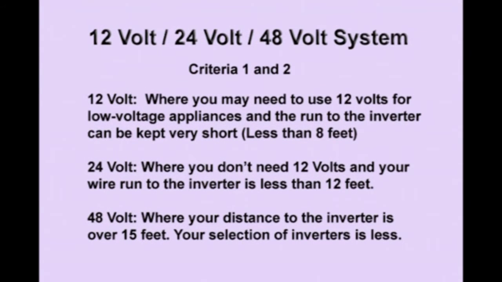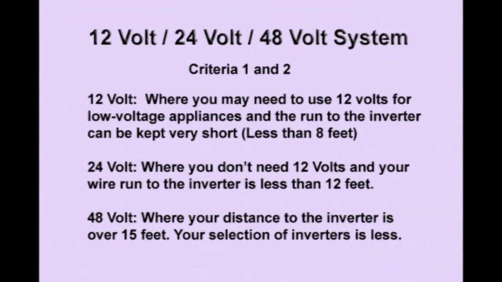Let's first revisit the battery bank voltage decision. If you have a 12-volt battery bank, that's going to be because you need to use 12 volts for low voltage appliances like RV appliances or ham radio equipment, and the run to the inverter is going to be very short, 8-10 feet, something like that, because at the lower voltage we can't have a very far run.